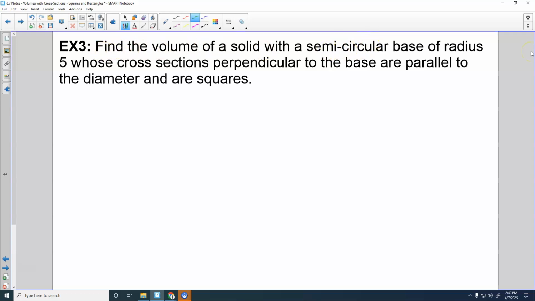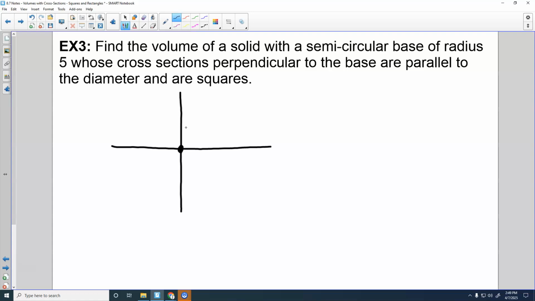So in this case, I need to take a semicircle and put it on the XY plane, right? You guys have not learned an equation of a semicircle, but you have learned the equation of a circle. The easiest thing to do with a circle is to put it with a center at 0, 0.